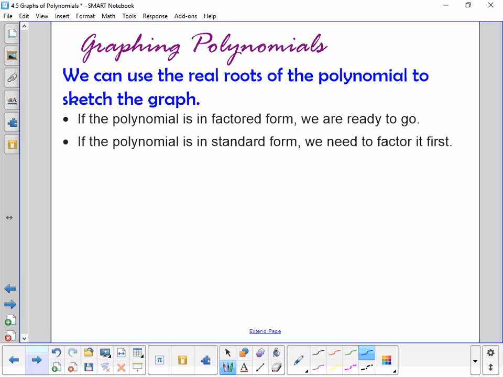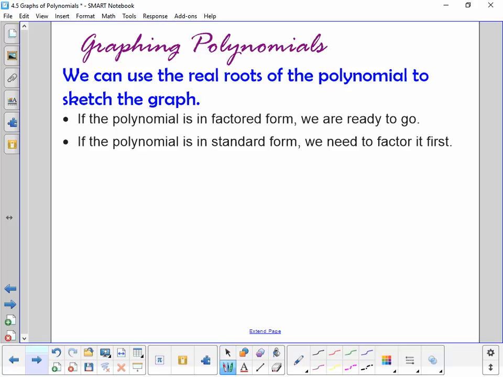Okay, so we can transform polynomial functions. It's also useful to be able to sketch them without use of a graphing calculator. You could always use a graphing calculator to help you get the idea, but the problem with graphing polynomials on graphing calculators is that unless you're really good at adjusting the window, they can be difficult to get a good picture of.